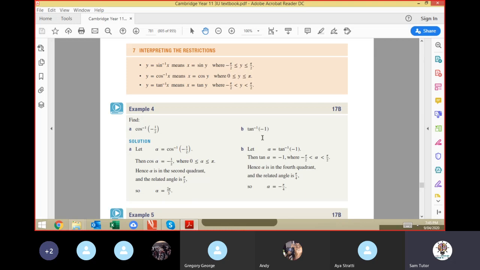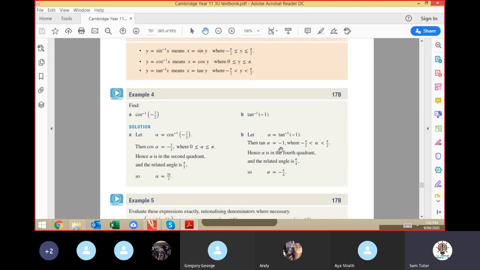Okay, let's say inverse tan of negative 1. A equals tan inverse, hence A is in the fourth quadrant, because it goes from negative 90 to positive 90. The tan also has to be negative, so where is the tan negative in sine and cos? So an angle because of the inverse must be between negative 90 and 90. Is that the extra bit that I'm missing?